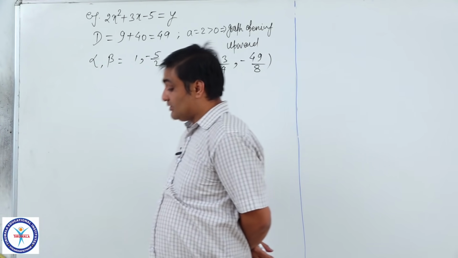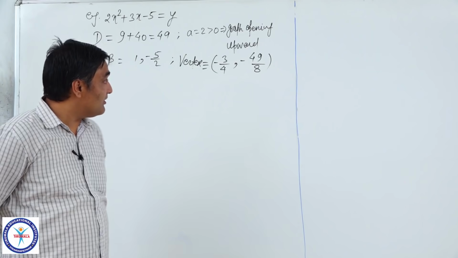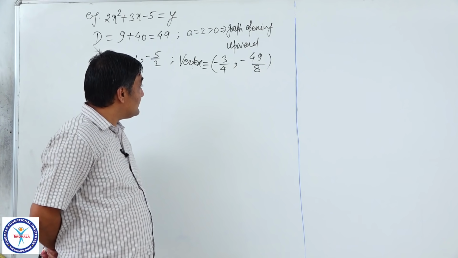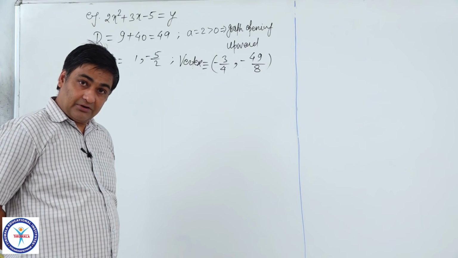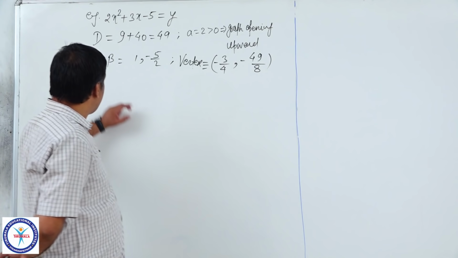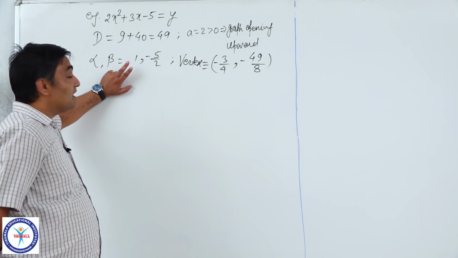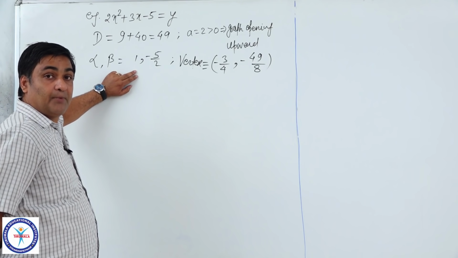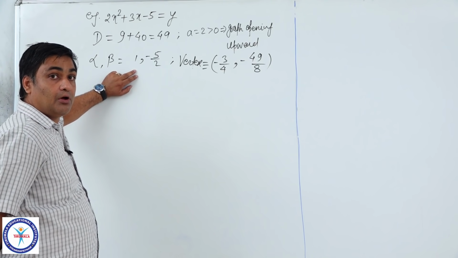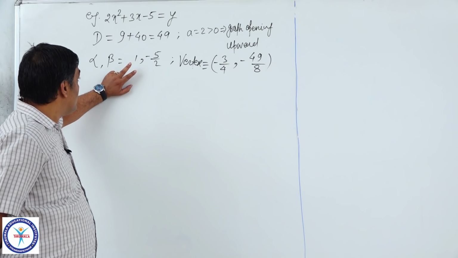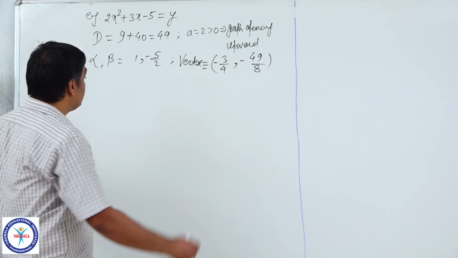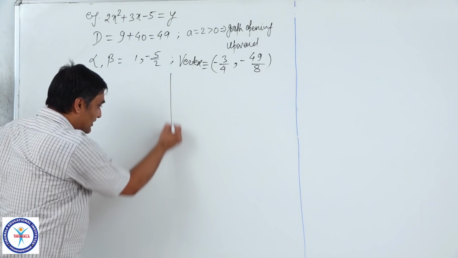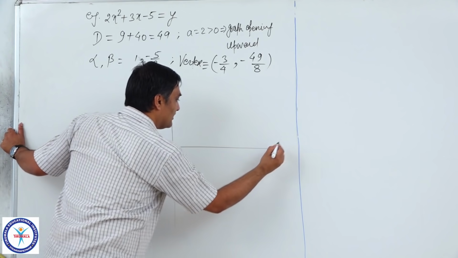So the vertex coordinates we now have. If we look at the vertex, it is in the third quadrant and the graph is intersecting the x-axis at 2 points, minus 5 by 2 and 1. 2 points are there. So now we are ready to do the graph.